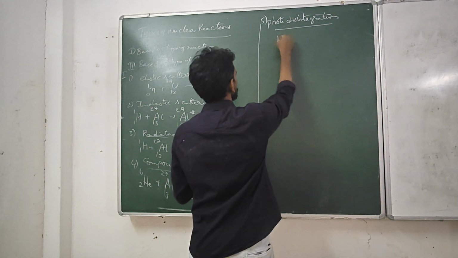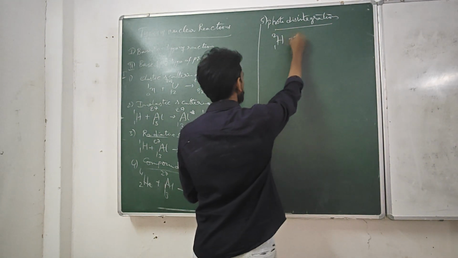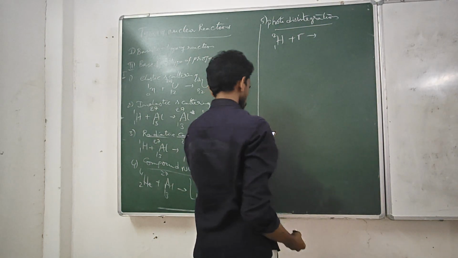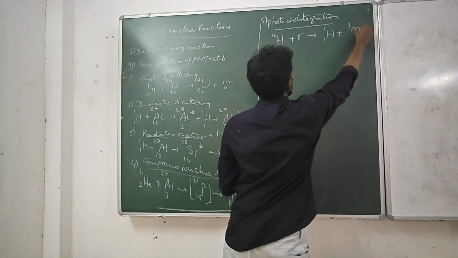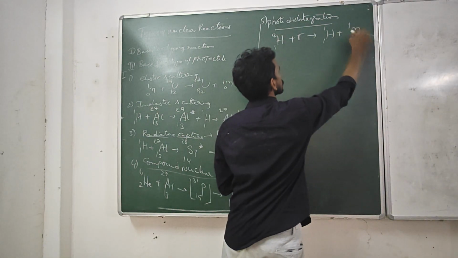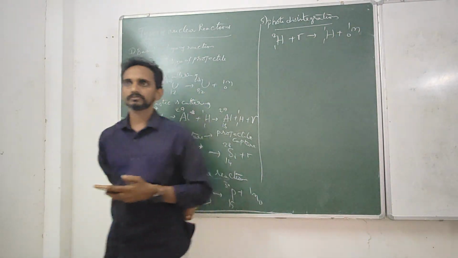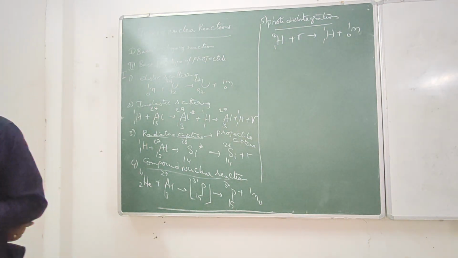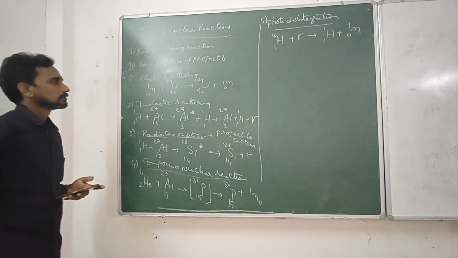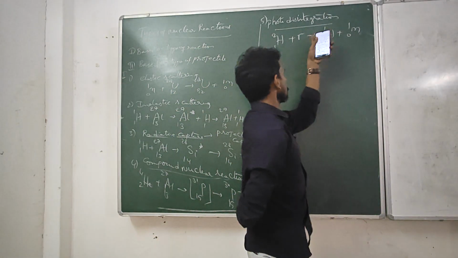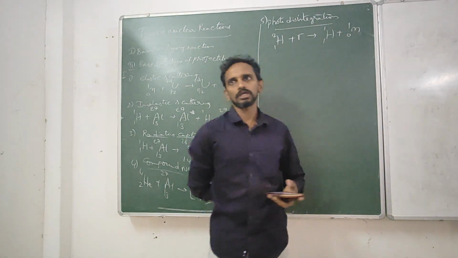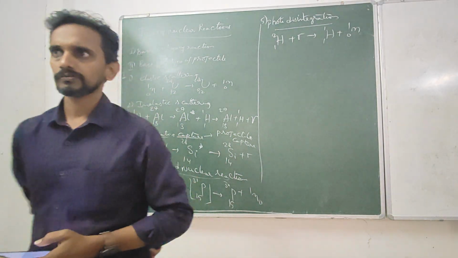So H12, we are taking neutron interacting with the gamma, we get H11 plus 1 and 0. So the nucleus absorbs a gamma ray or photon and disintegrates into lower order nucleus.